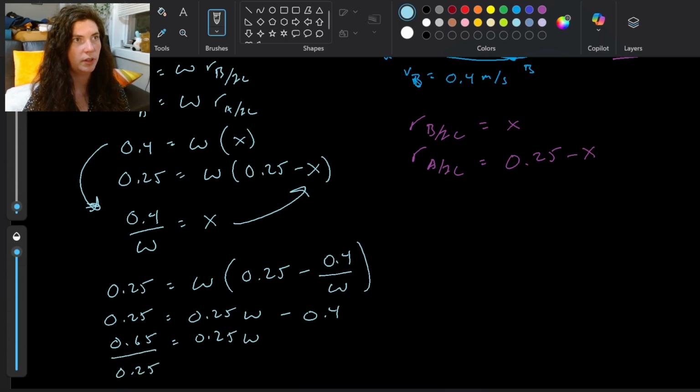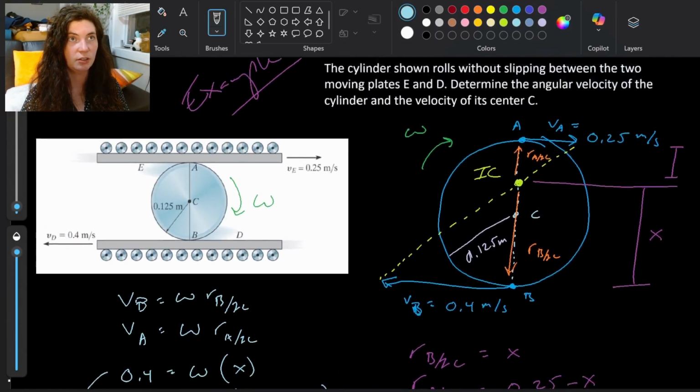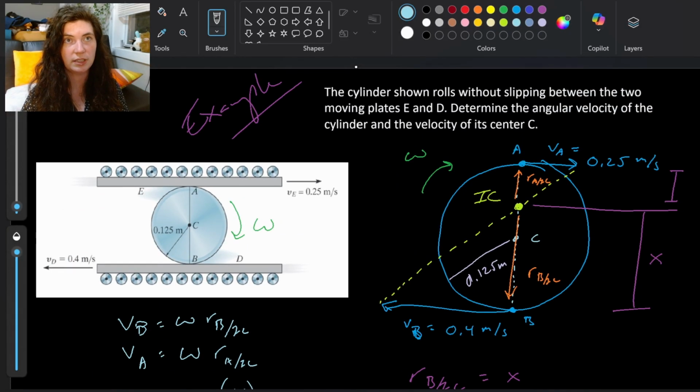So I divide the 0.25 over, and I get omega equals 2.6 radians per second. So this is one of the cases where it might feel a little bit easier to use that instantaneous center of zero velocity. It was really just a lot of algebra setup to find this angular velocity of this rolling cylinder.